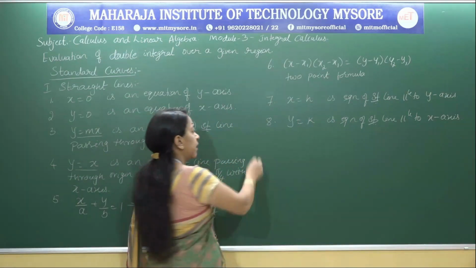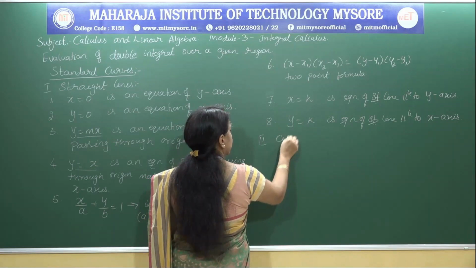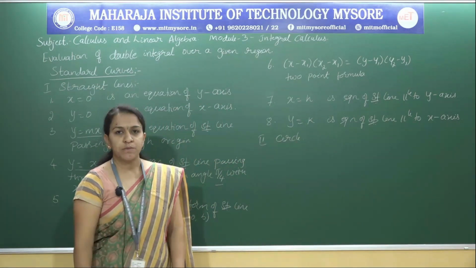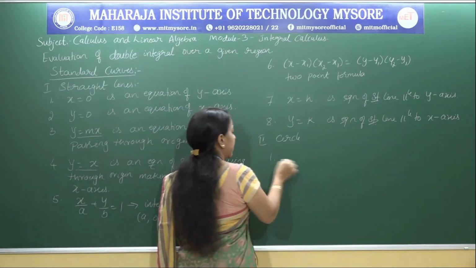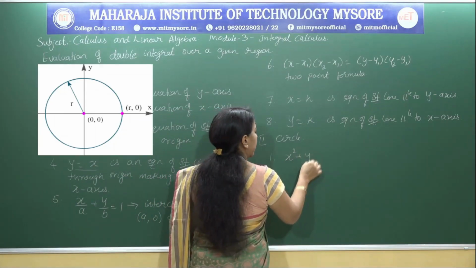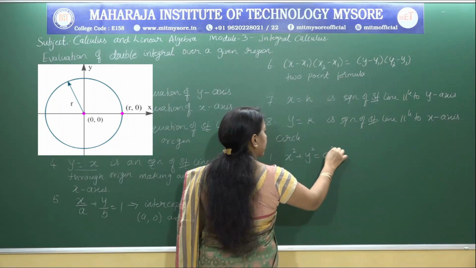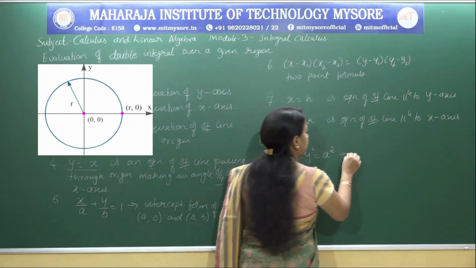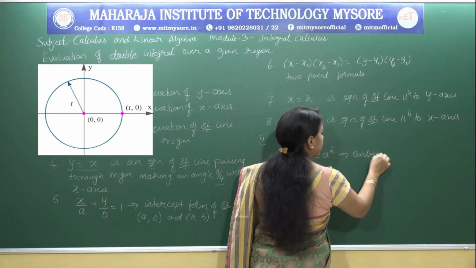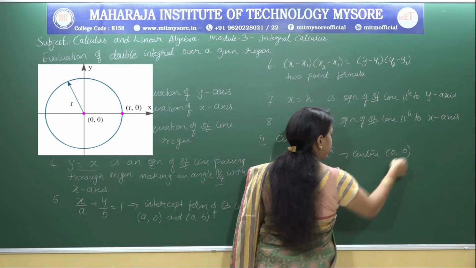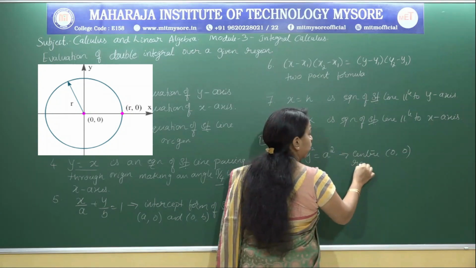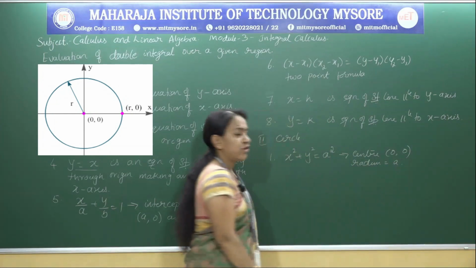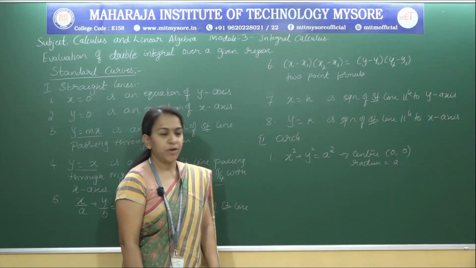Okay. Then the second one is the circle. So we have two types of circle. The first one is x square plus y square equal to a square. This represents the equation of a circle with center at origin, center is 0, 0 and radius equal to a. The radius of the circle is a units, right.